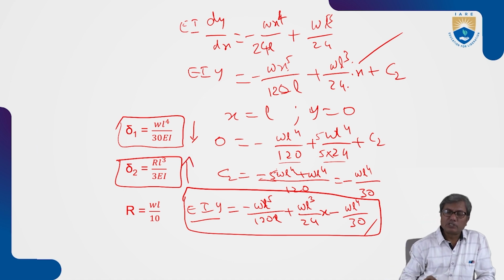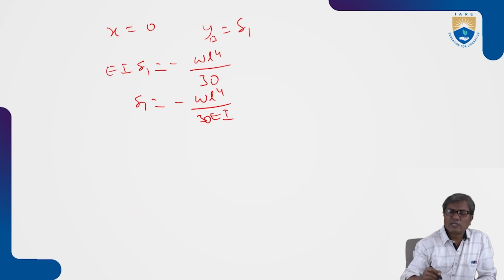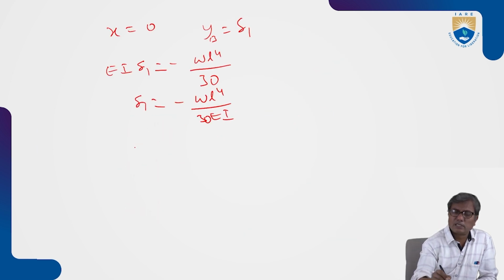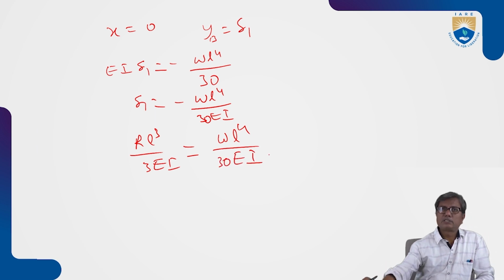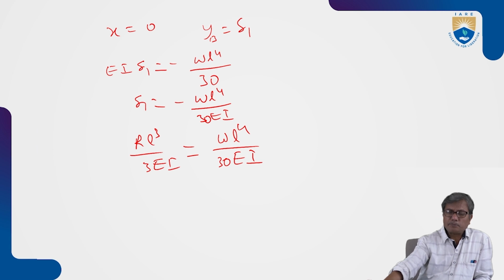So equating delta 1 and delta 2. Delta 2 is RL cube by 3EI, and delta 1, the magnitudes only we will consider here. Upward deflection and downward deflection, both are equated, the magnitudes.